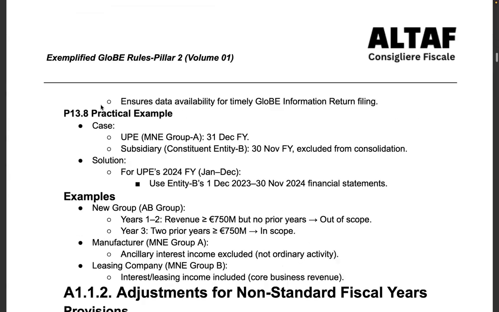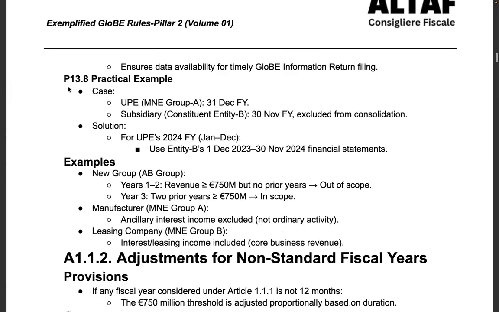Let's go to an example that has been cited, which is paragraph 13.8. The ultimate parent entity, let's say M&E Group A, has a year end of 31st December. Now the subsidiary, constituent entity B, has a financial year ending 30th November, and is excluded from consolidation. So what is the solution?